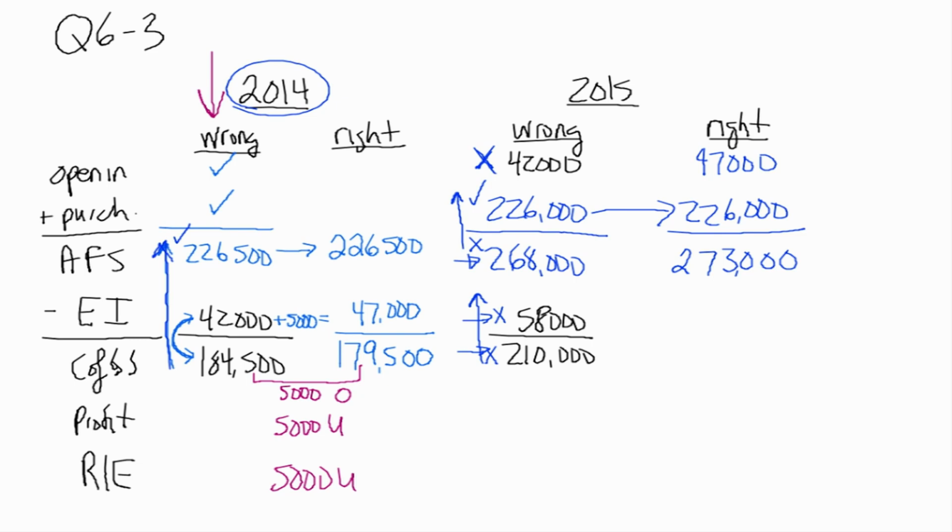We have to correct the ending inventory, and we can only do that by subtracting the $8,000 error from the count. Is everybody clear on that? Oh, I see what you're saying. Okay, got it. So this is equal to 50,000. Okay, good. So now we can calculate the correct cost of goods sold, which is 223.